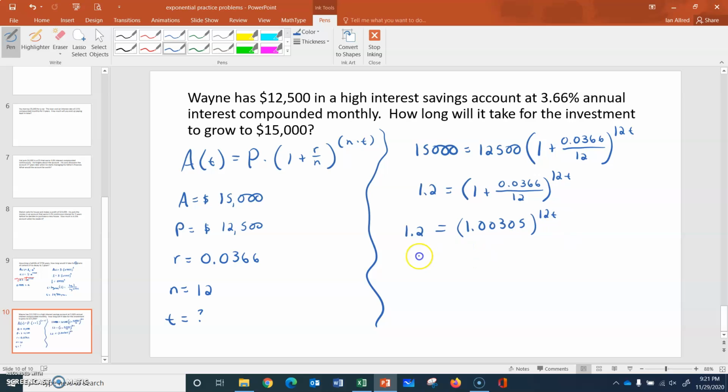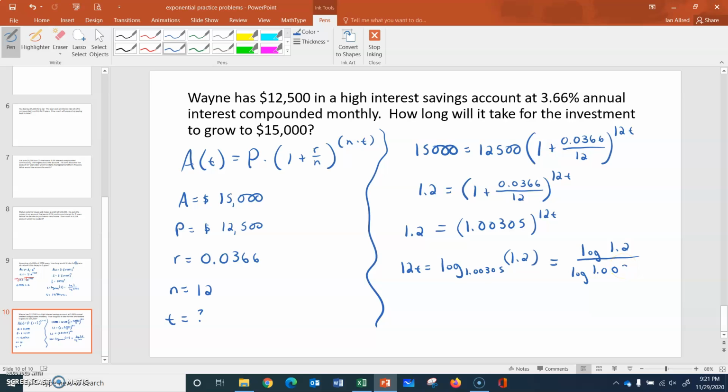So I want to get to that t. So logarithm 12t equals log base 1.00305 of 1.2. Again, that's not base 10, not base e. So we'll change it with a change of base. So log of 1.2 over log of 1.00305.